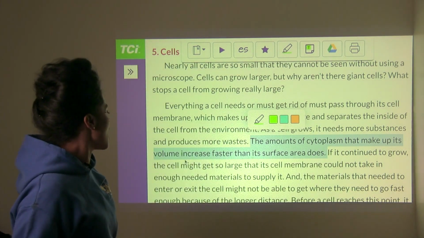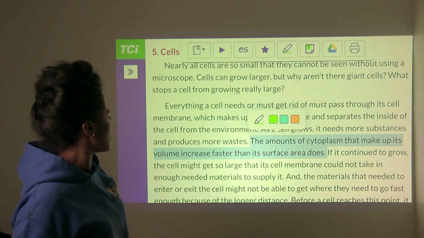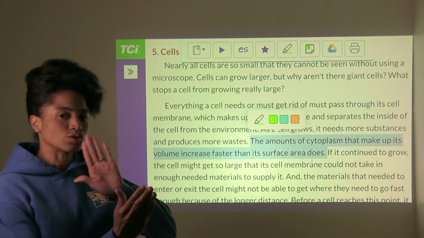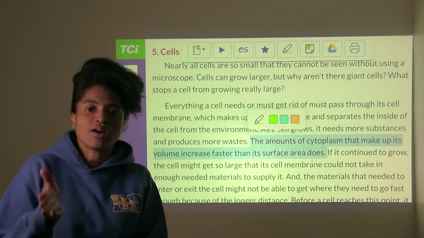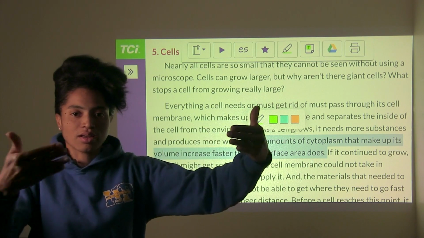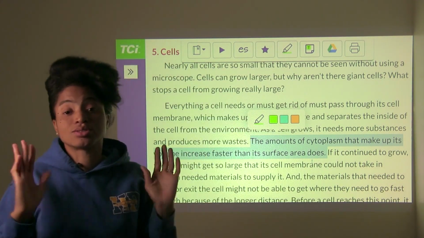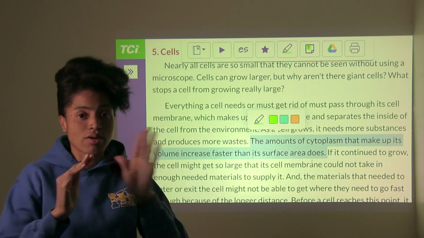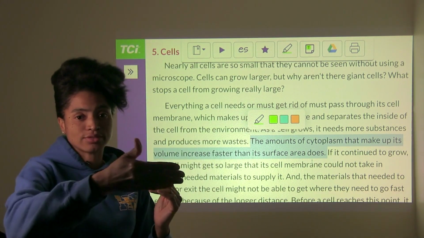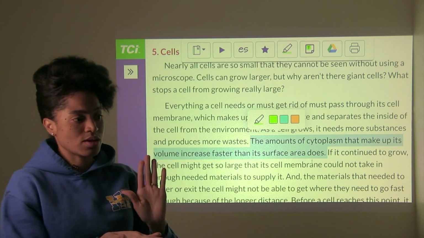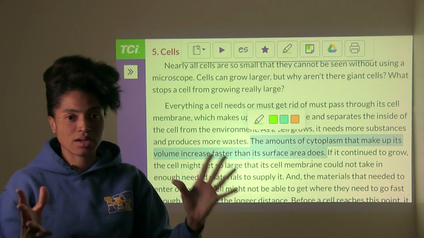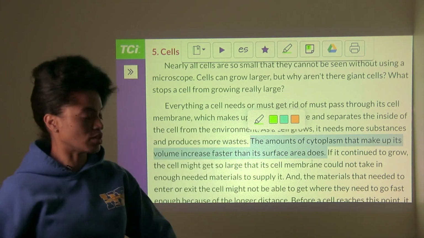Surface area is the outside of the container: how large is the surface on the outside? If you have a box, you figure out the area of each side and then add those together to get your surface area.